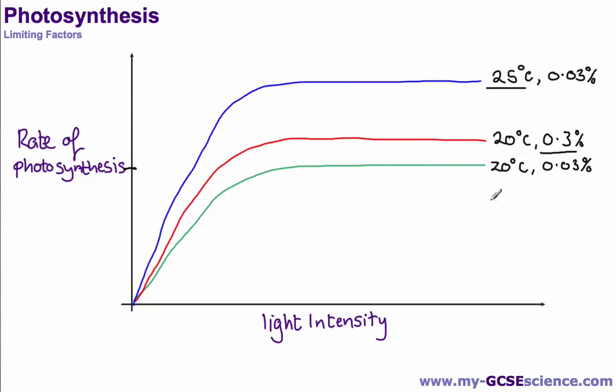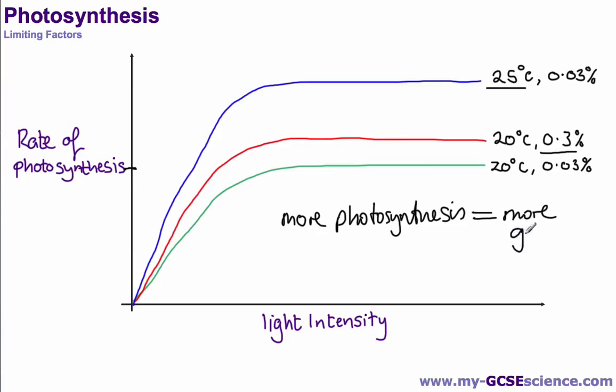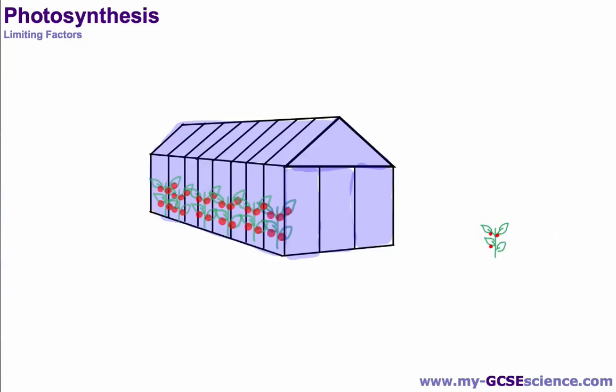So really what I can tell here is that if I have certain conditions for photosynthesis to go on, I can increase the rate of photosynthesis, and more photosynthesis equals more growth of the plant, and we can use that information for creating conditions for growing plants.